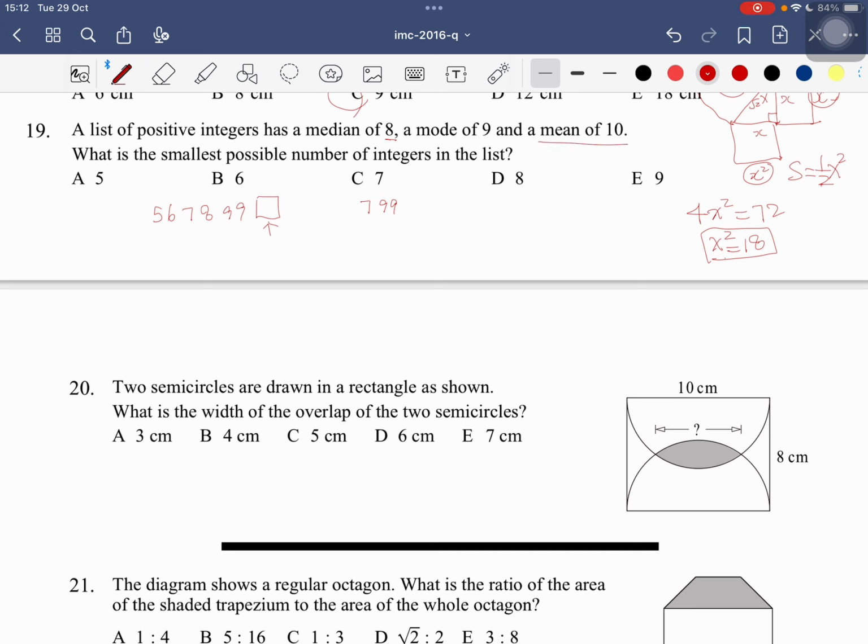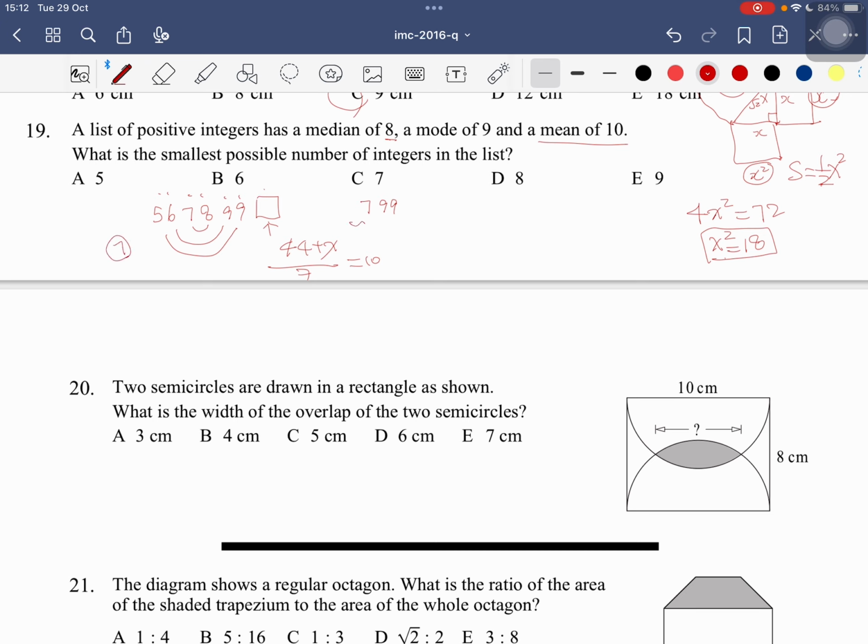Now this is 15, 14, 44 plus x over 1, 2, 3, 4, 5, 6, 7 becomes 10. So anyway, there will be the number. So we need 7 numbers here.